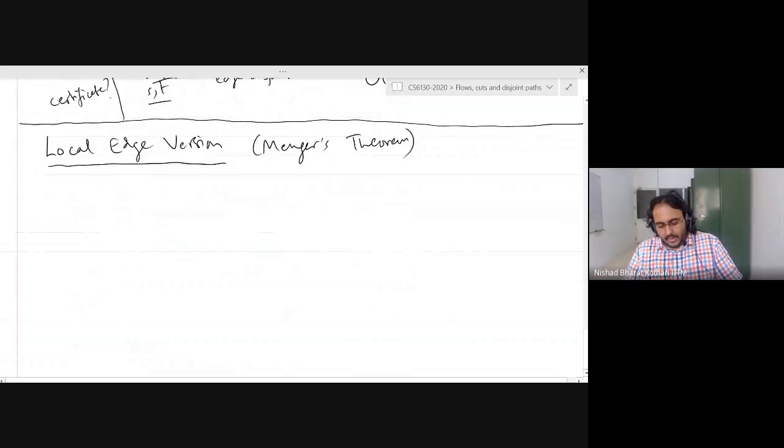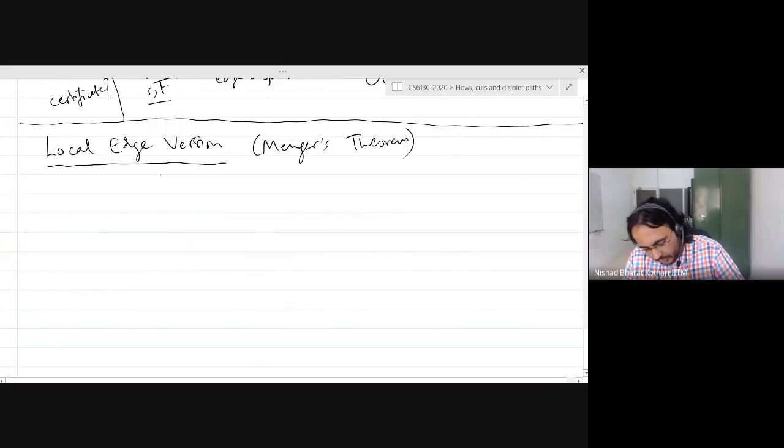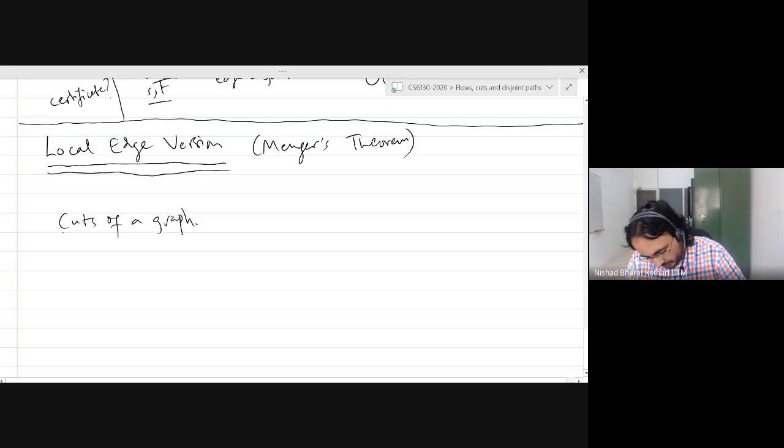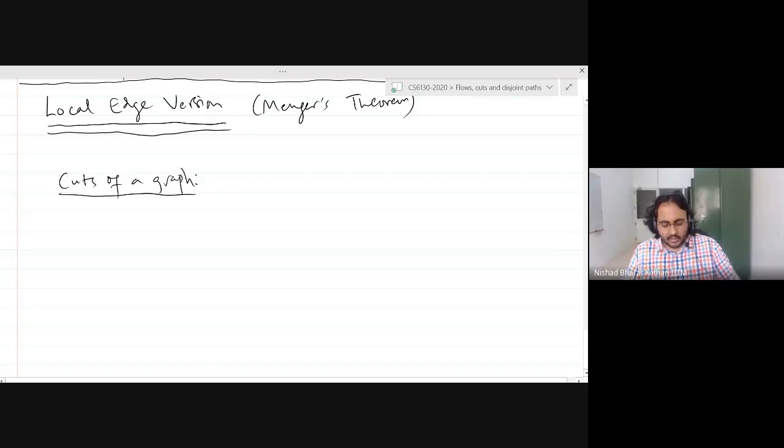All right. So now I want to discuss the local edge version. For that, I need the notion of ST cuts. But before that, let me just talk about cuts in a graph. I think I have briefly mentioned what a cut is when I wanted some notation, but today we are going to write it down more formally.